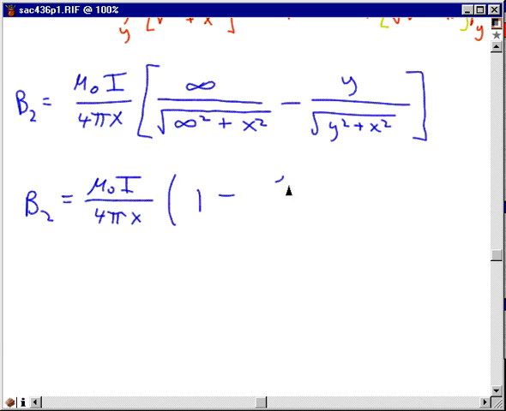minus the y over, and I think I'll reverse the order inside there. Copied it down in the other order when I wrote the answer in part 1 for B2. But now we've got our expression for B2. That's actually the answer for this part.